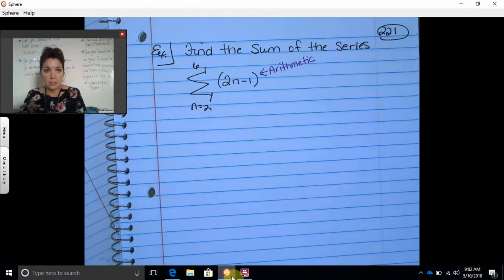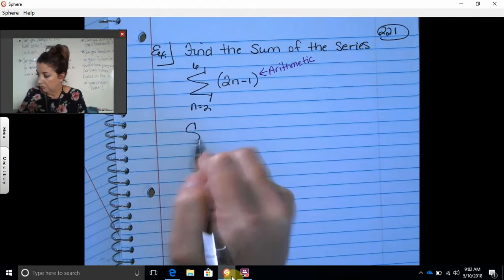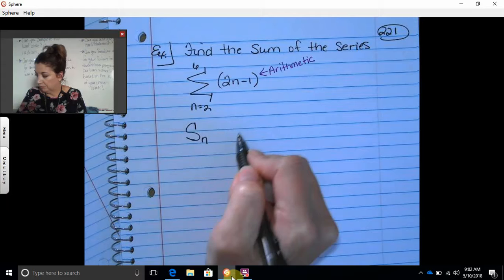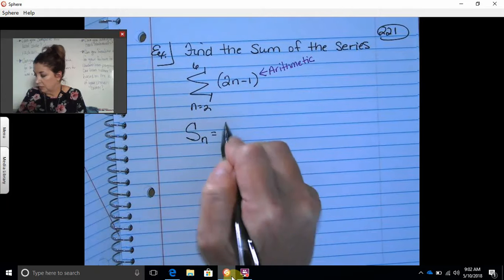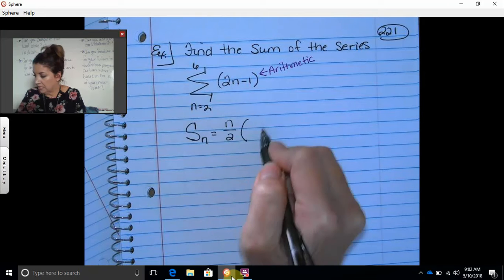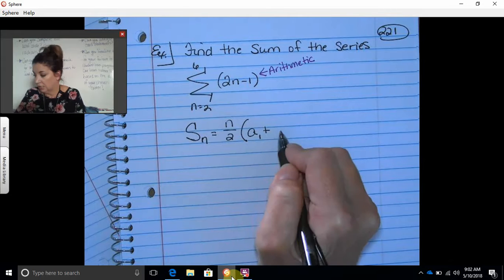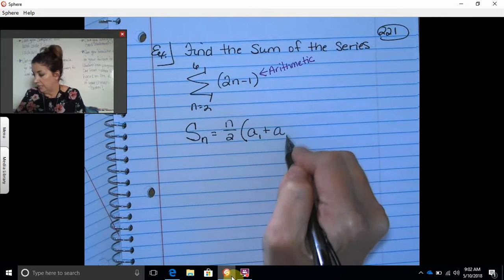If it's arithmetic, we use a different formula than if it's geometric. If it's arithmetic, our formula is S sub n equals n divided by 2, open parentheses, a sub 1 plus a sub n.